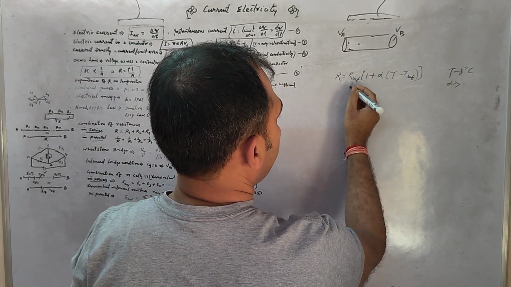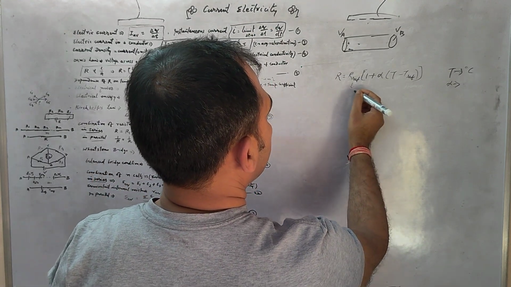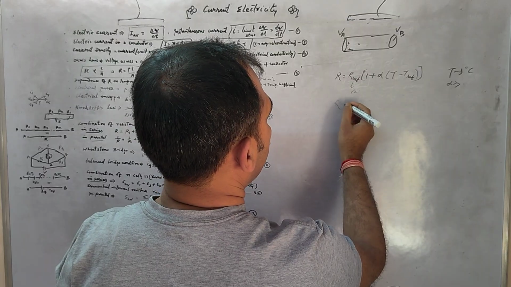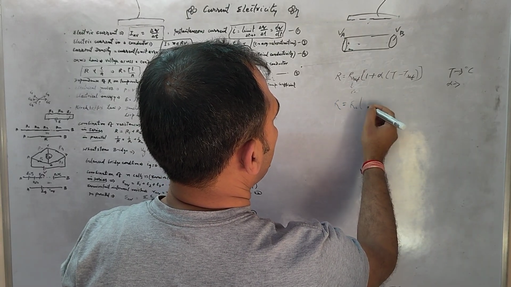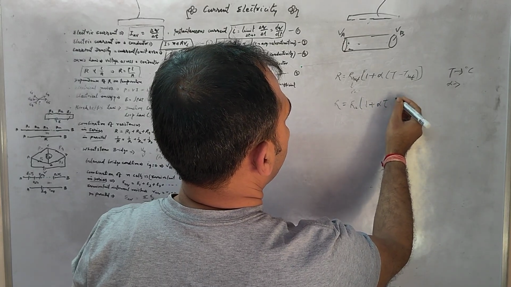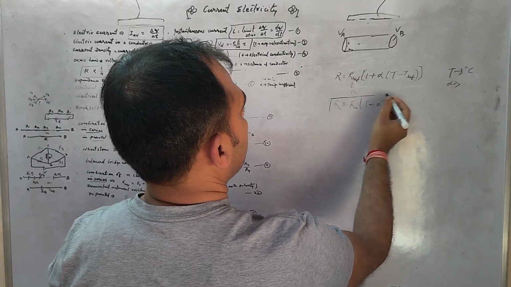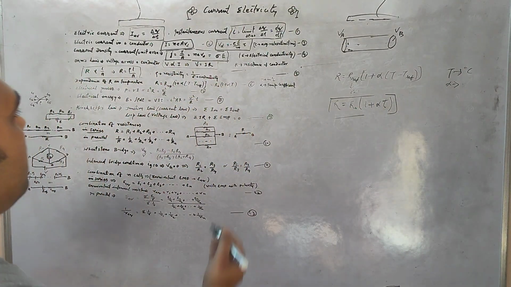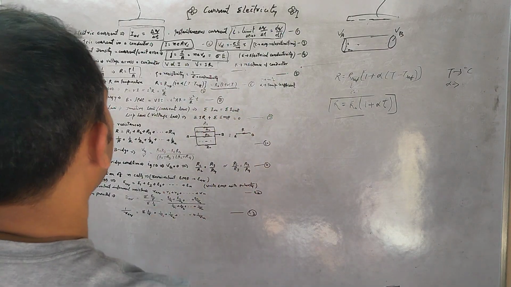Now see, if reference temperature is 0 degree, then R will become R at 0 degree into 1 plus alpha and temperature of that conductor. So here you can see this equation.